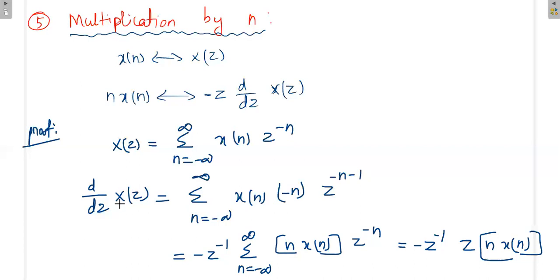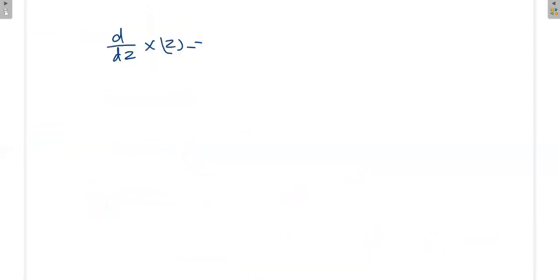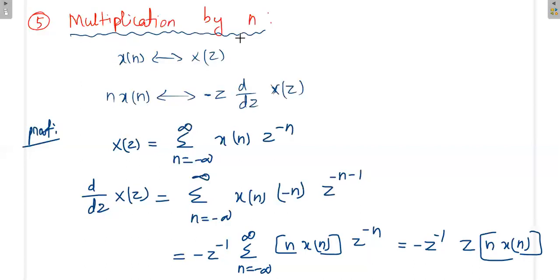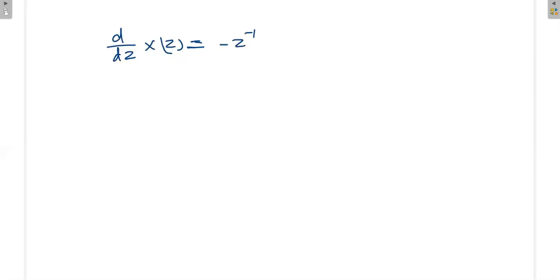So what we are getting, d by dz x of z is equal to minus z inverse z transform of n into x of n. Now this z we can take here.